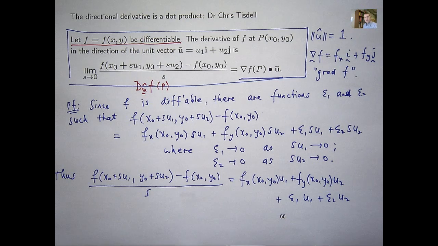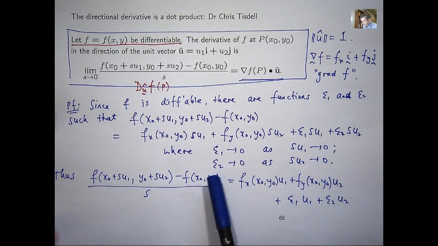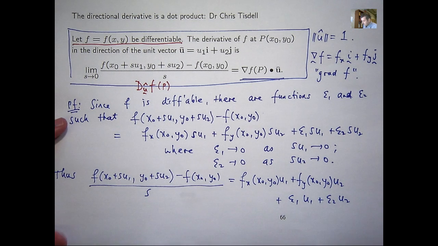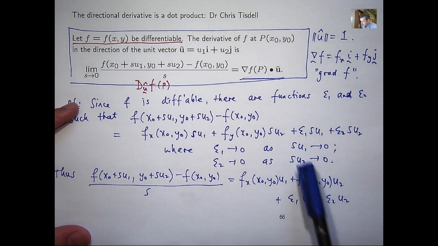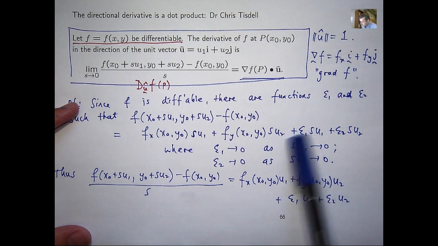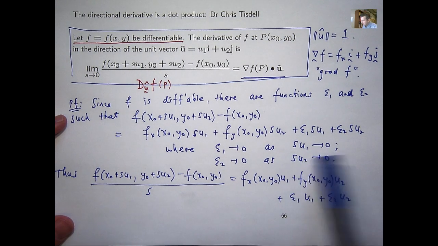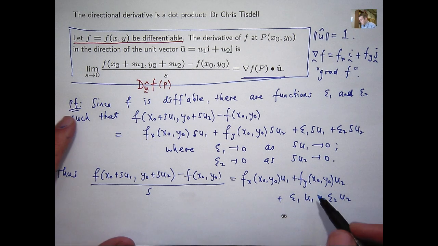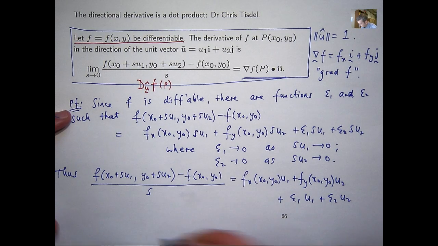Now what I'd like to do is take the limit as s goes to 0. Well, this doesn't depend on s and neither does this, so they're going to stay the same. What happens to these two terms? As s goes to 0, definitely s times u1 is going to go to 0. And as s goes to 0, s times u2 is going to go to 0. So essentially, if s goes to 0, these two terms are also going to go to 0.